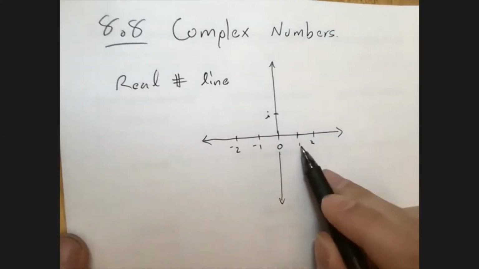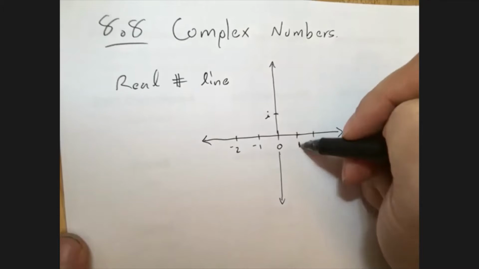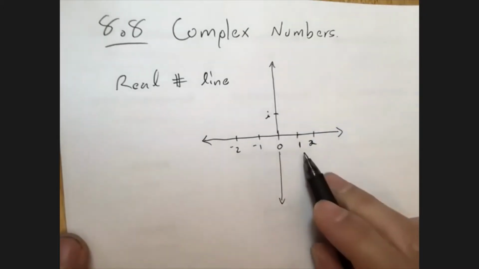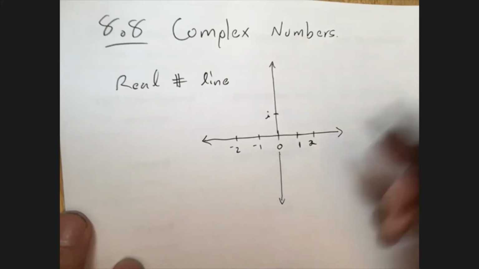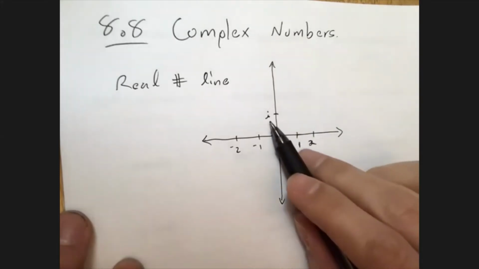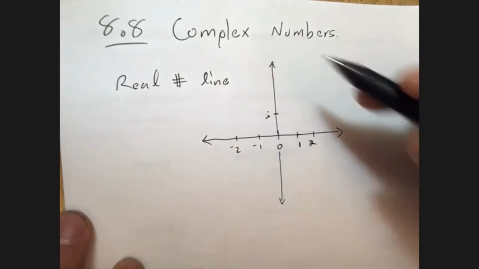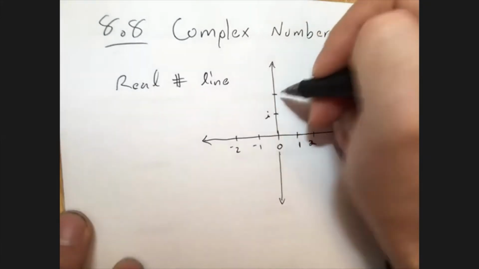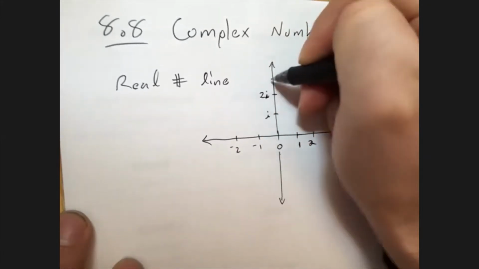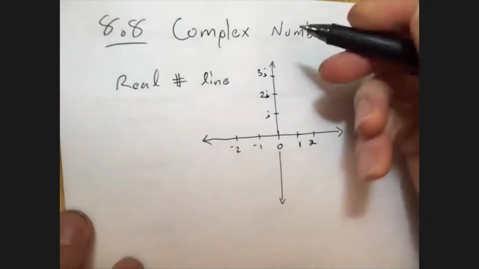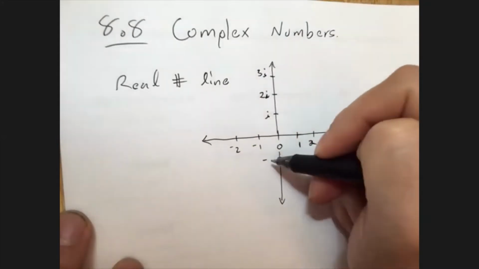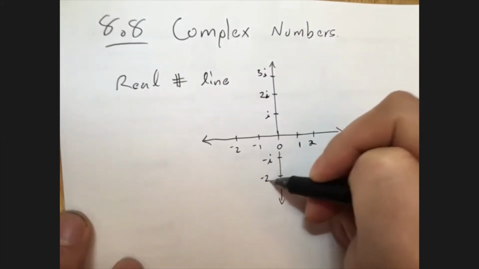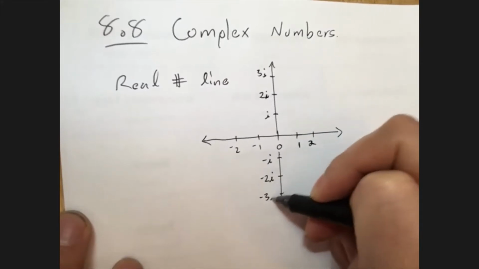So instead of the number 1 being the basic number, 1 is probably the most basic number you can think of as far as the real numbers go. It's got some nice properties and things like that. Well, i is the basic number in this direction. So you have i, 2i, 3i, and going the other direction, -i, -2i, -3i.